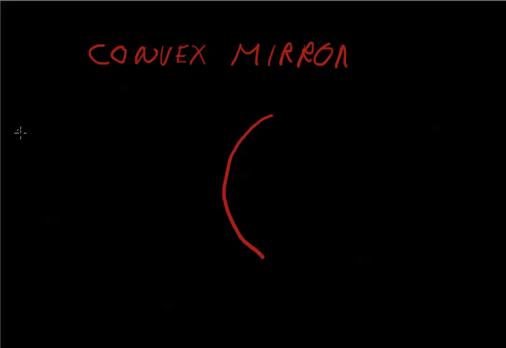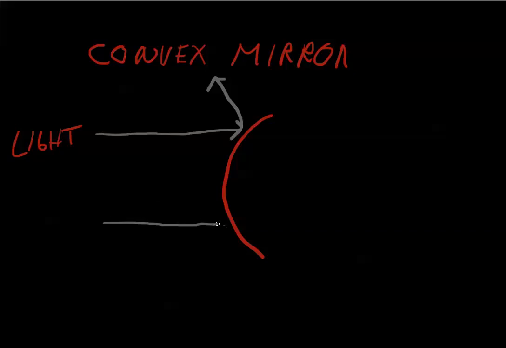And again, we have our light out here. And let's see if we can get a nice color here for the rays. So when this strikes, seeing it's bowed outward, what ends up happening is the light does not come to a point but spreads out.